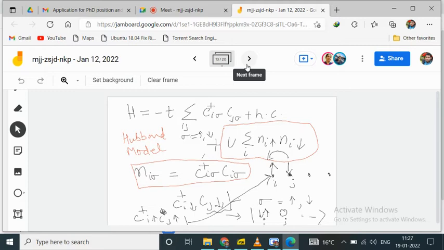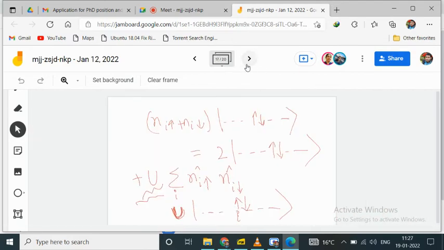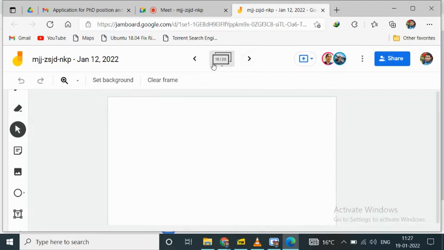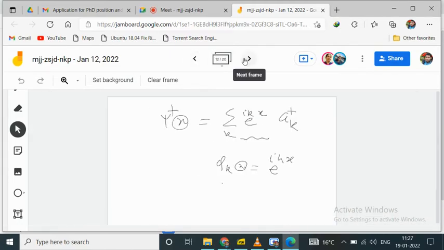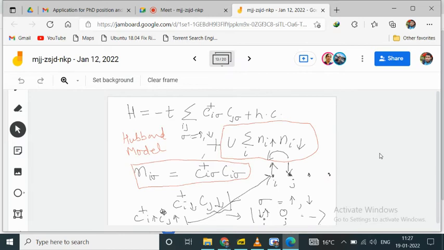Now tell me, suppose we start with this model that is there in our Jamboard. Where did it go? Right. So you don't have a U term, you just have the kinetic energy term in the model. How will you solve this model? If I ask you what is the ground state of this model, what will you do to find it?